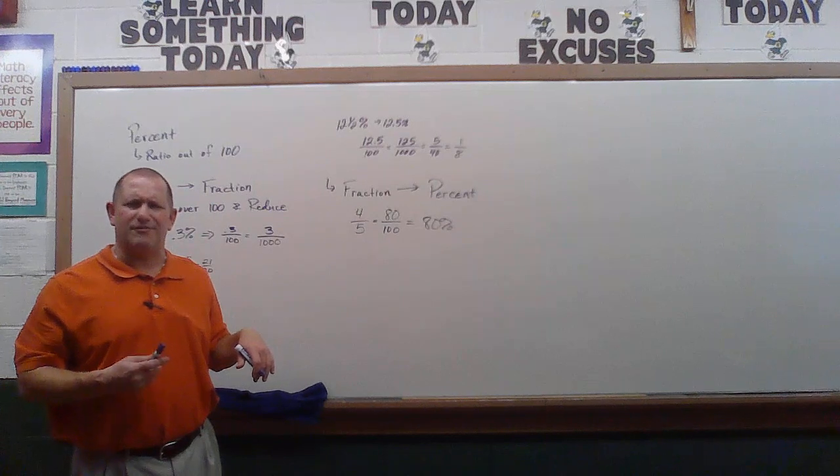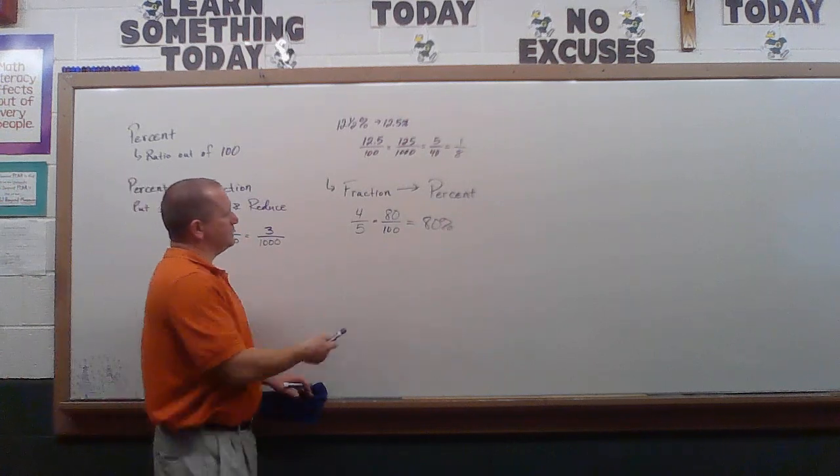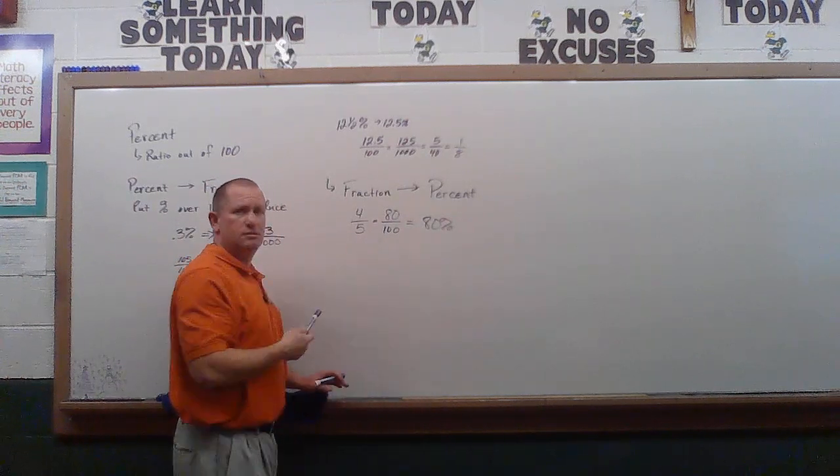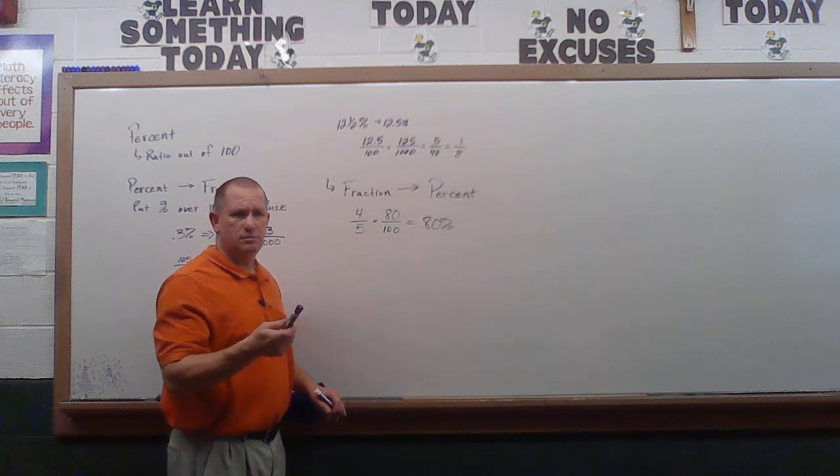Why are you multiplying by 5 though? Multiply 5 by a number to get to 100. Oh, yeah, essentially that's kind of what we just did here. What else could we do?